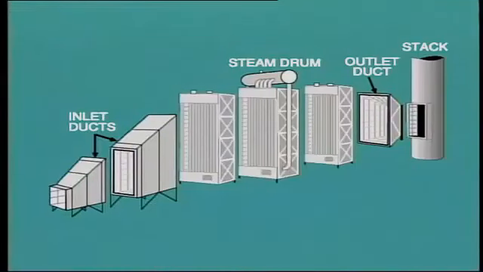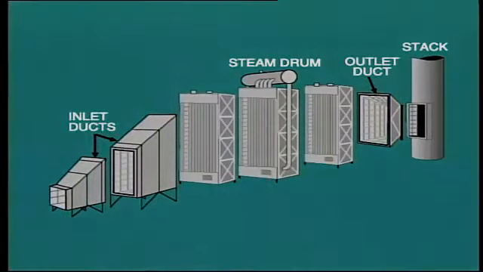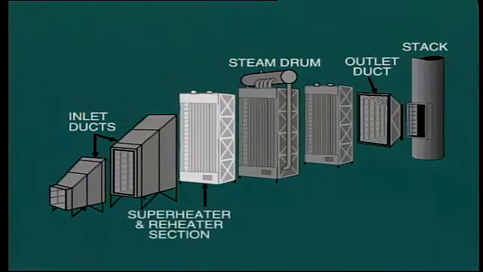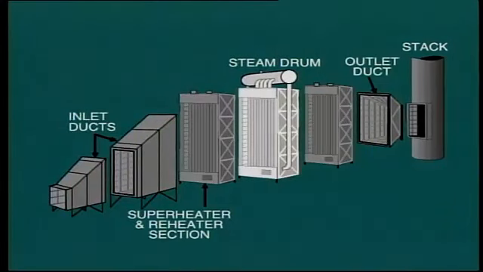This cutaway diagram shows the major sections of the HRSG. The incoming gas first passes over the superheater and reheater sections. This, of course, is the area which requires the highest temperature. From here, it passes over the water tubes, which are connected to the steam drum.